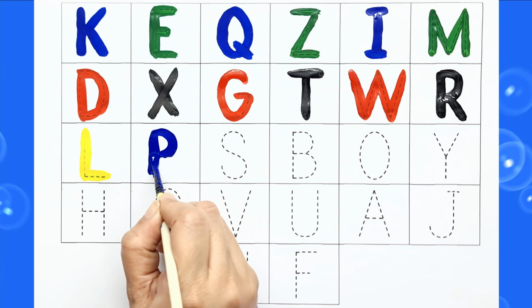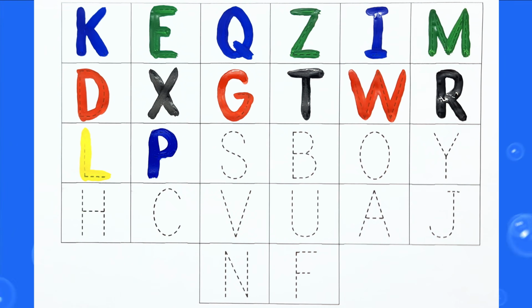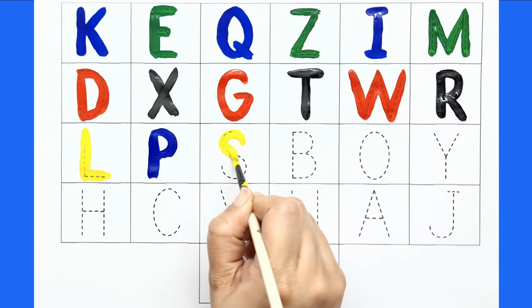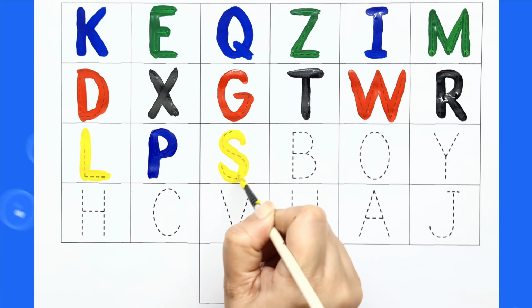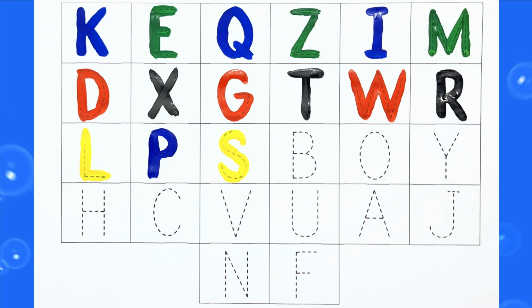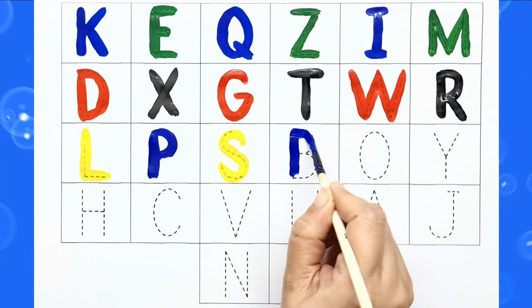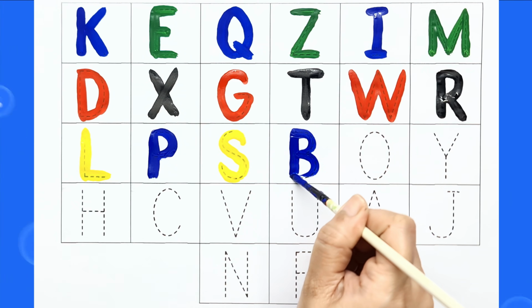P for pumpkin. S for sunflower. B for balloon.